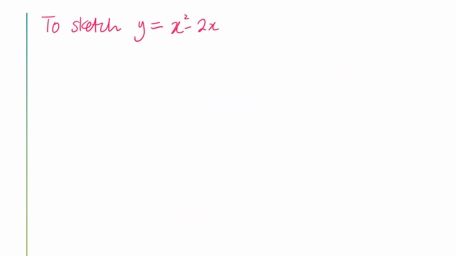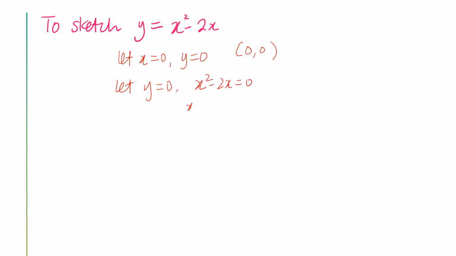To sketch this quadratic curve, we're going to find your x-intercept and your y-intercept. If I let x equals 0, then y will be 0, so you have one point that is 0, 0. If I let y equals 0, so x squared minus 2x equals 0, factorize your x.